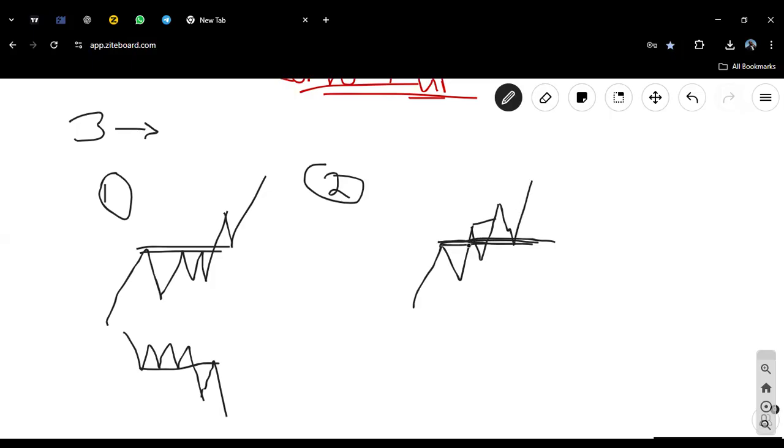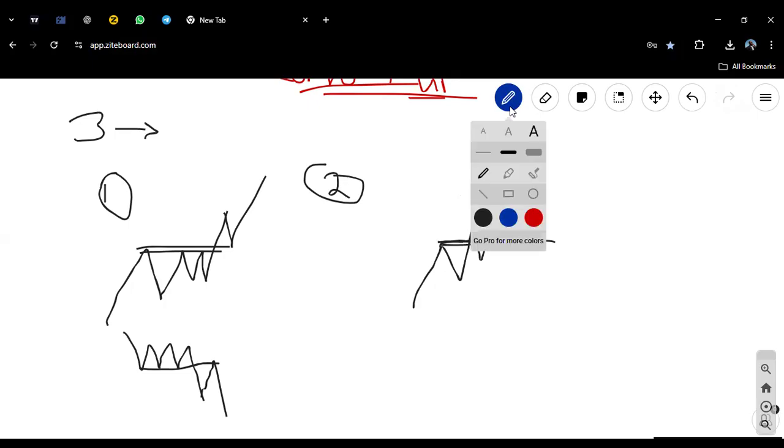This is also a type of zone flip, which is very beautiful. And you can use this to trade any pair, because I have examples trading this type in other pairs like USD JPY and so on.